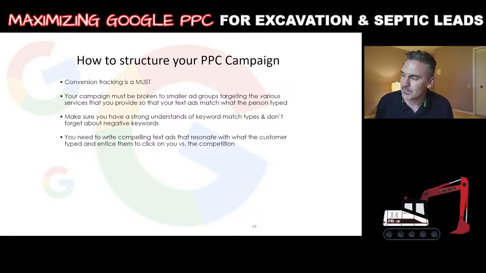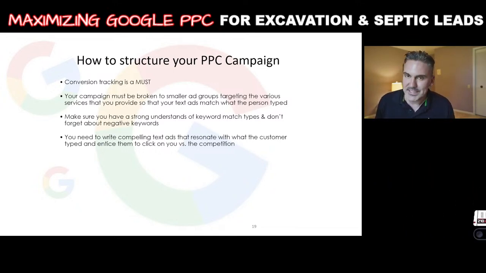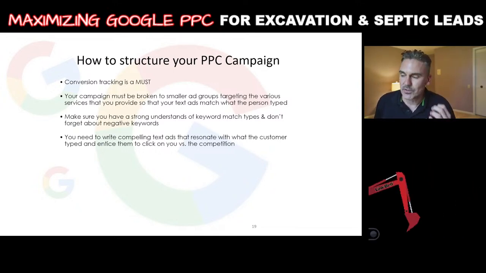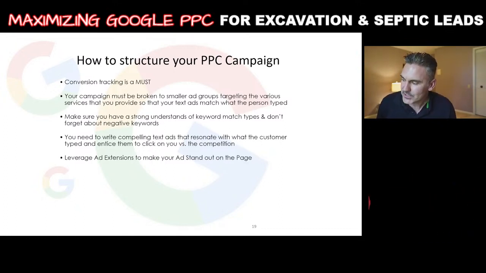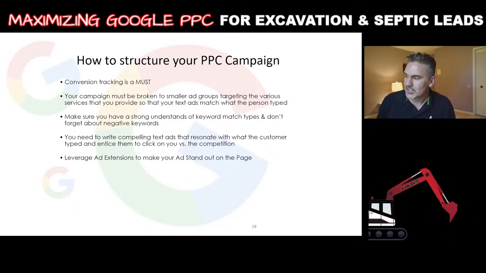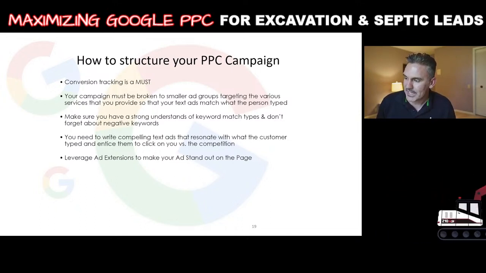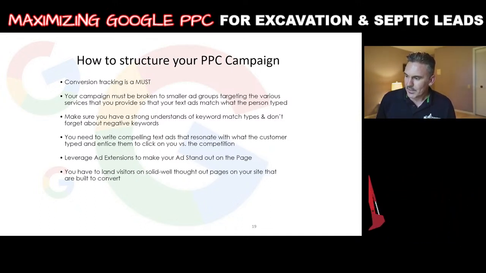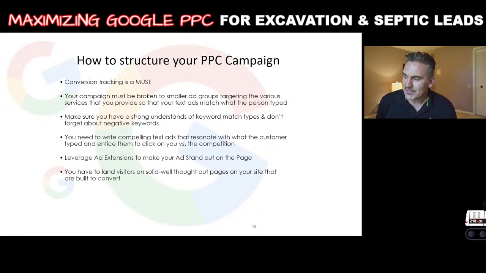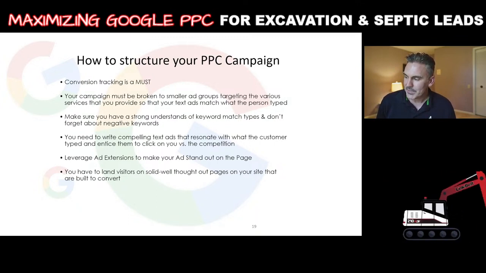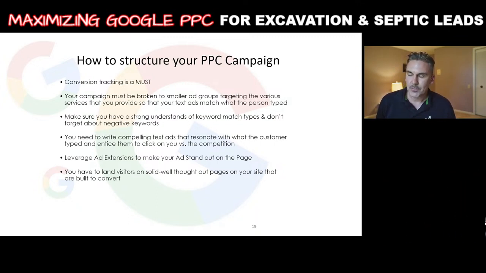I'll show you some pretty easy tactics so you're getting the click instead of your competitor. Then you're going to leverage ad extensions to make your ads stand out on the page. And probably one of the most important things is you have to land visitors on solid, well thought out landing pages on your site that are built to convert.